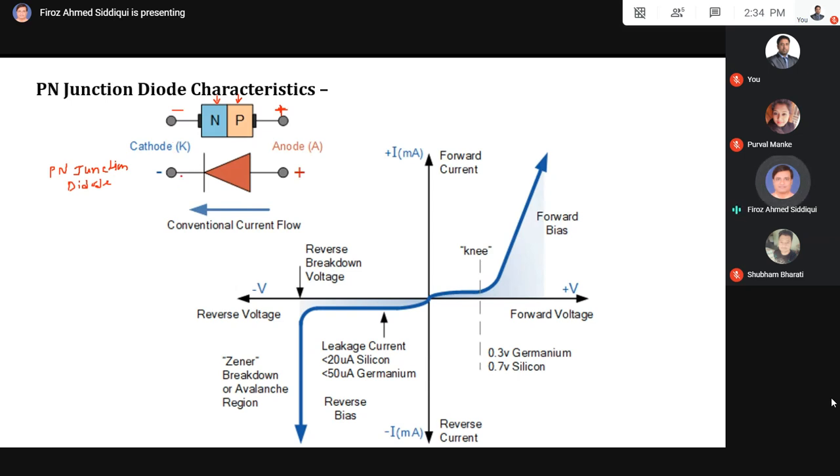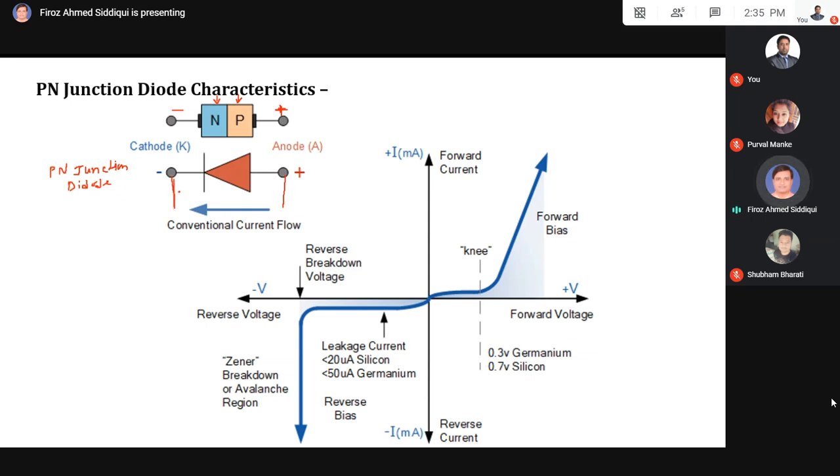So this is the symbol of the diode. This is the positive terminal of the diode and this is the negative terminal of the diode. In order to make the diode work, we have to apply a voltage across these two terminals of the diode, one positive and another negative.